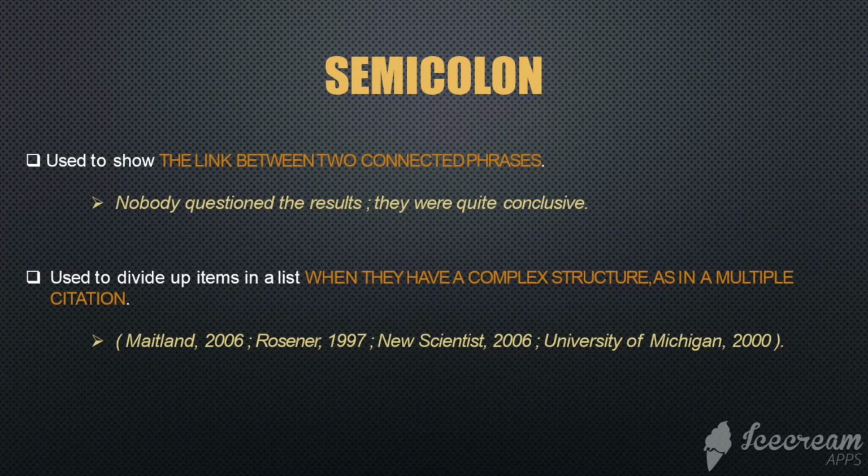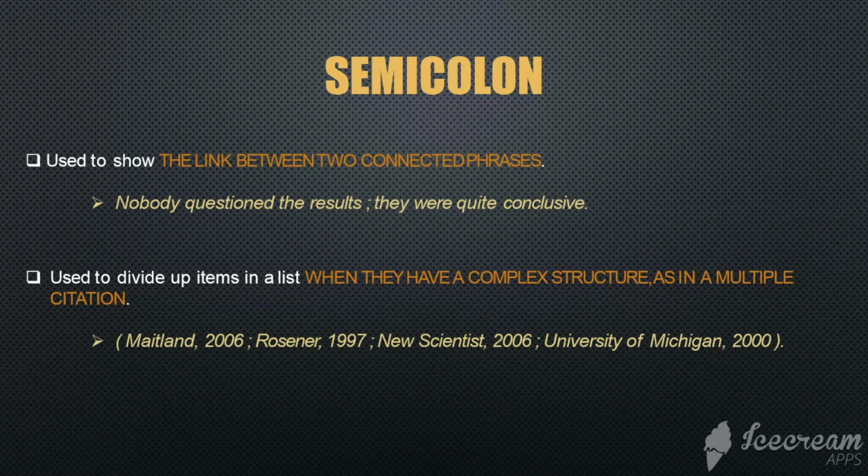For example, "Nobody questioned the result; they were quite conclusive." It is also used to divide up items in a list when they have a complex structure, as in a multiple citation.